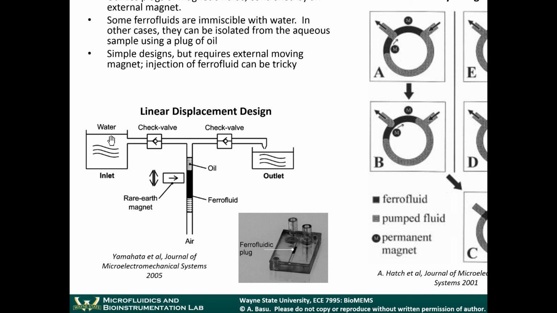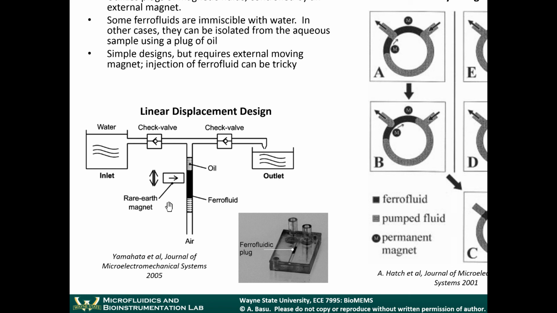Sorry, inlet is here, outlet is here. Similar to the concept of a diaphragm, you can think about this as a piston. The piston is going back and forth, and it's being controlled by this external magnet. So this is a linear type design.